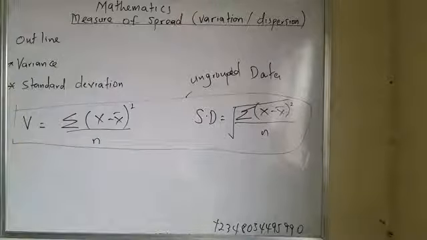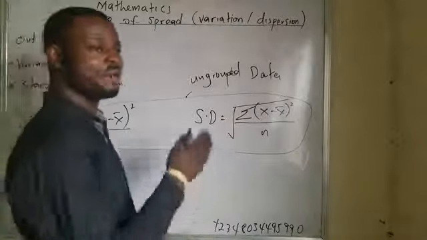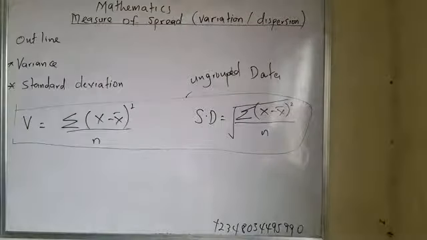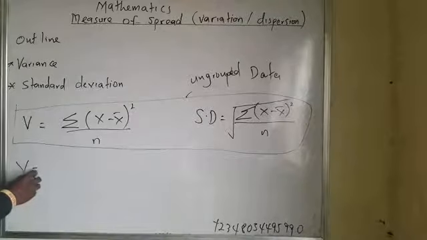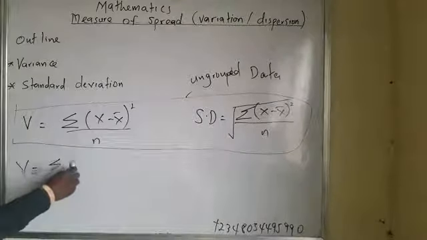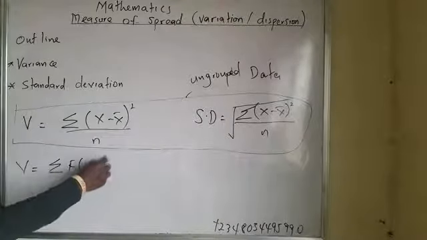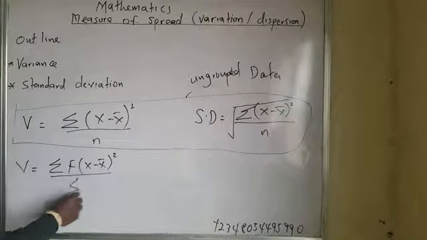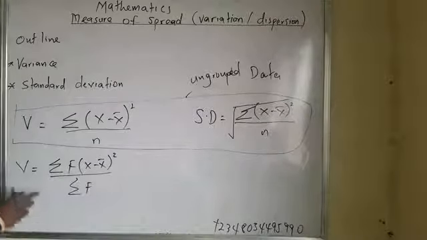Now, when it is grouped, if you have frequency and you have your x, or you have size and frequency, the variance equals summation of f times (x minus x bar) squared divided by summation of f. That is for grouped.